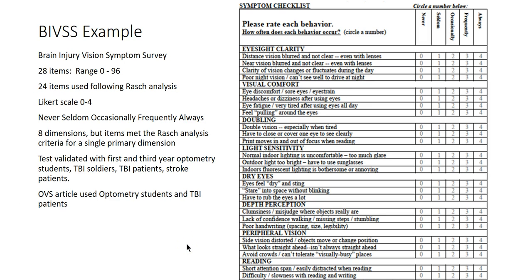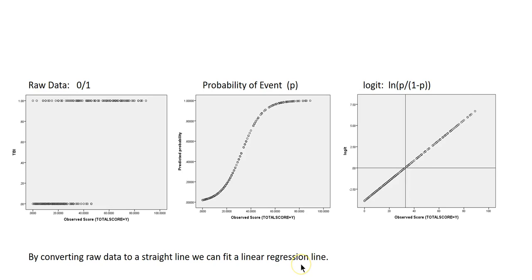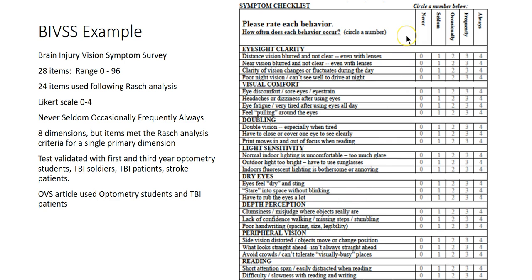Now, for our example, we're going to do the BIV study, a brain injury vision symptom survey. It was a symptom survey developed by Dr. Hannu Laukkanen, and it's a set of 28 questions.